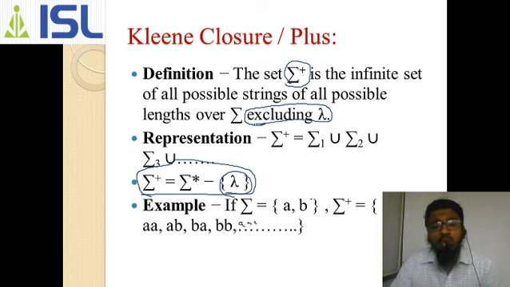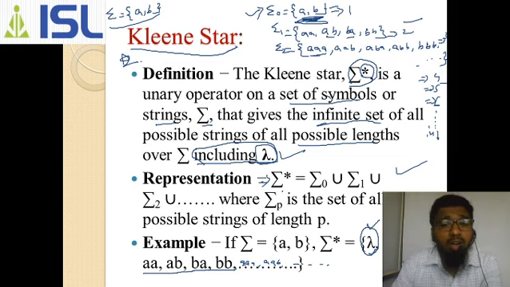So what is the difference between Kleene closure and Kleene Star? Kleene Star is a set of symbols or strings that gives the infinite set of all possible strings of all possible lengths over sigma, including lambda.